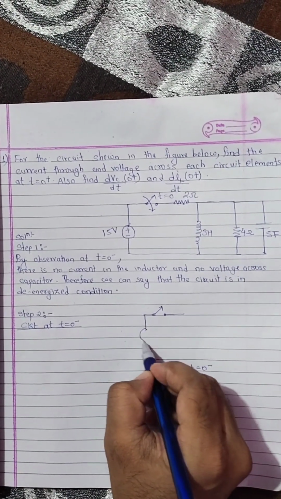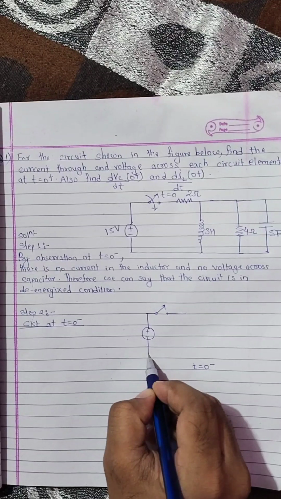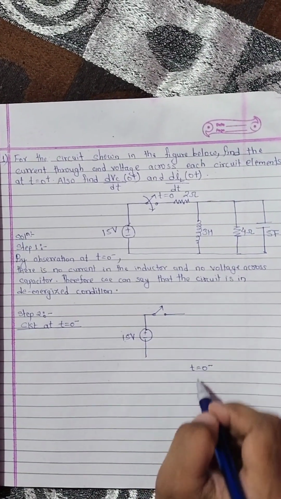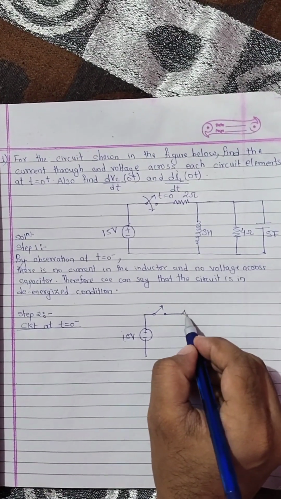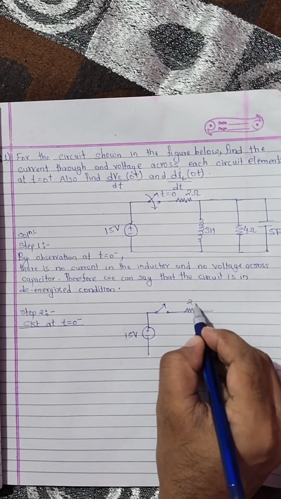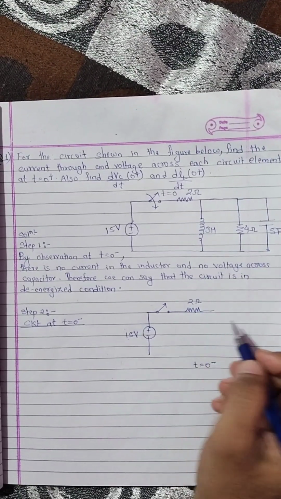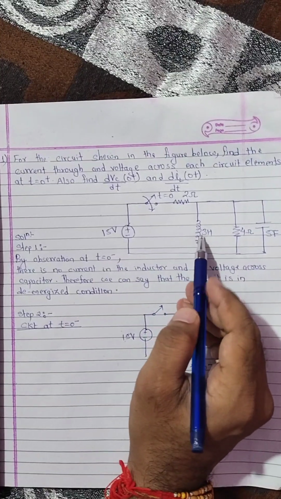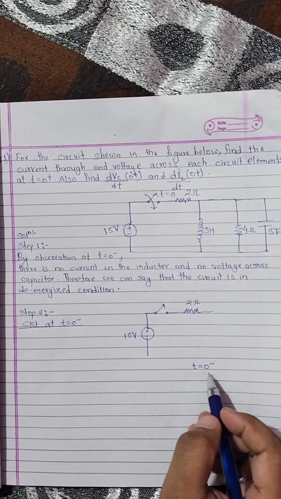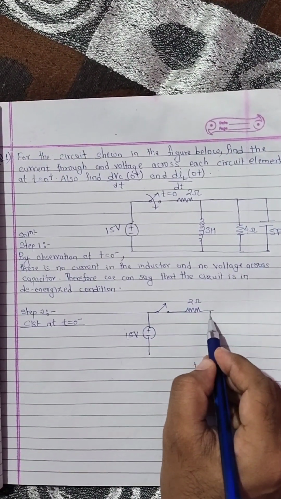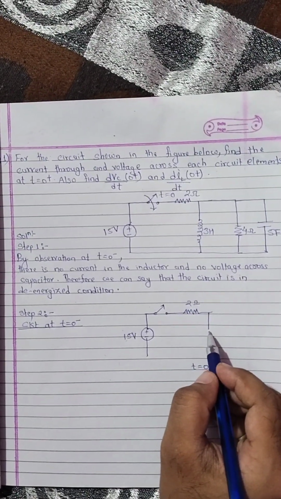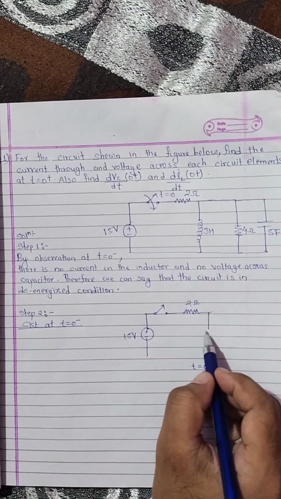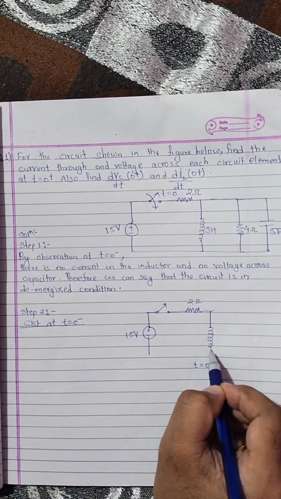This is the voltage source, 15 volt, and the switch is in open position at t equals to 0 minus. This is a resistor of 2 ohm. This is a de-energized inductor at t equals to 0 minus, and there is no need to change it.